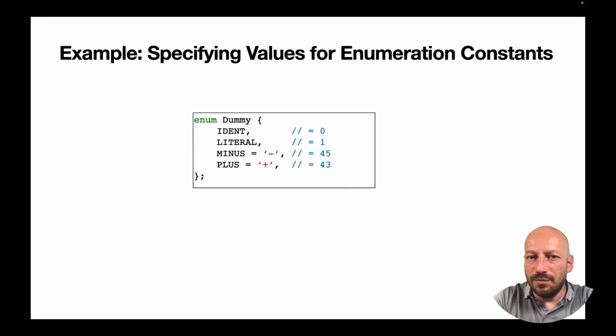You have to know that if you use character literals, the value is the ASCII value of this character. So in this case, everything goes well. I have 4 constants. They all have different values. Now, if I reverse the order, I have a problem: I now have 2 constants with the same value. And in this case, this is not what I actually want. So this is just another pitfall.